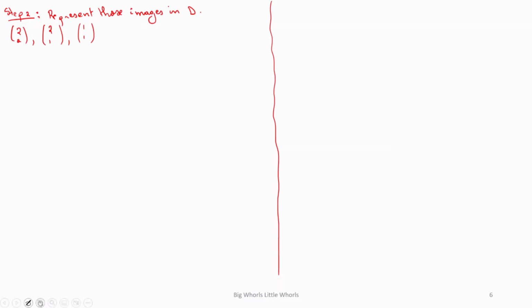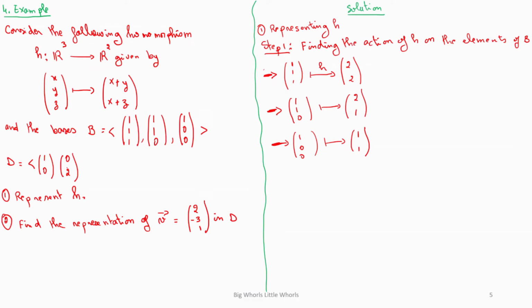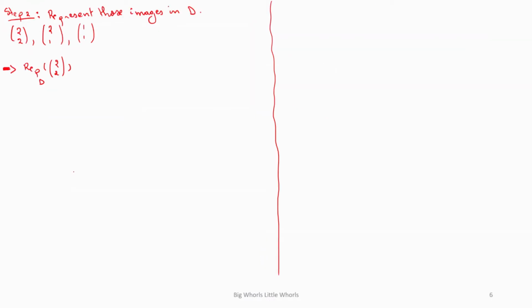When it comes to the elements of a basis, the order does matter. So let's represent the vector 2, 2 with respect to the basis D. And just a quick recall, the basis D is 1, 0, 0, 2.